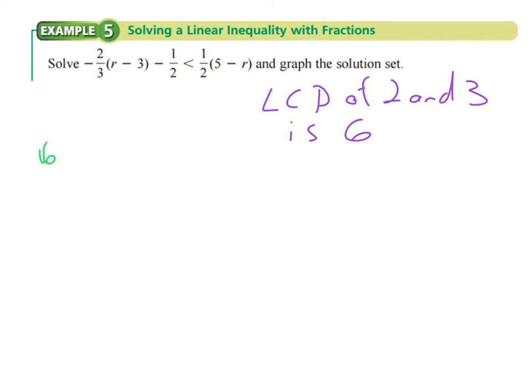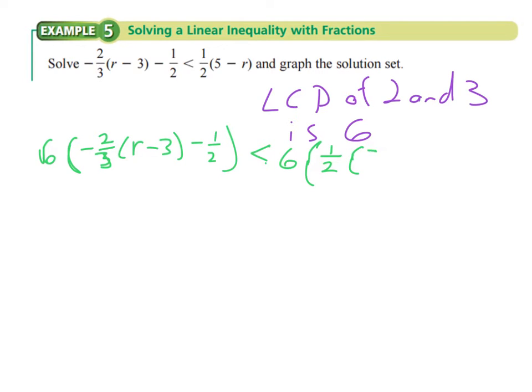So if I do a 6 here, then I have -2/3 times r minus 3 minus the 1/2. And then the same thing here, we have our 6, and then multiply that by the 1/2, and the 5 minus r.